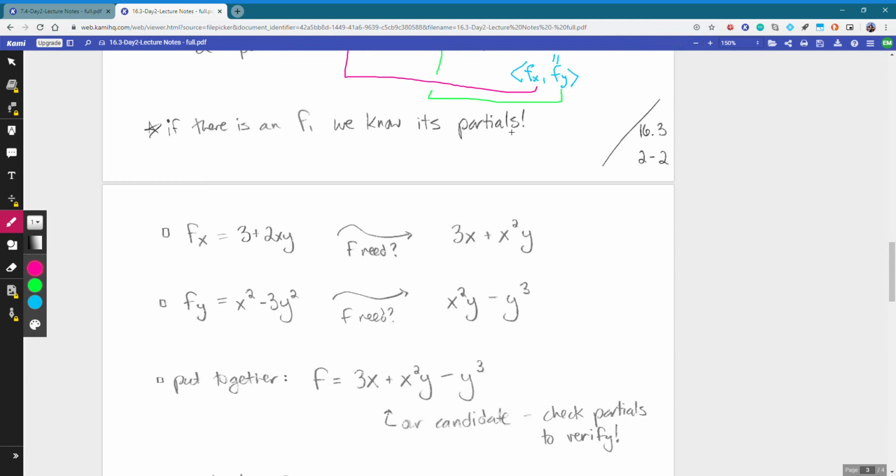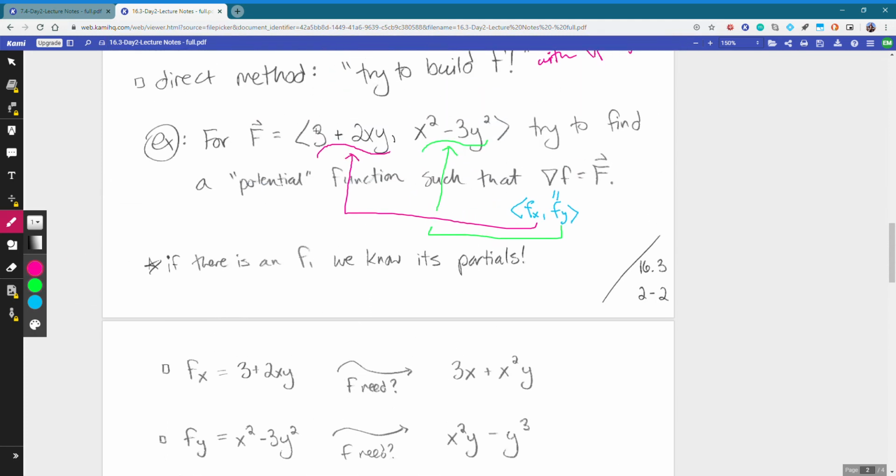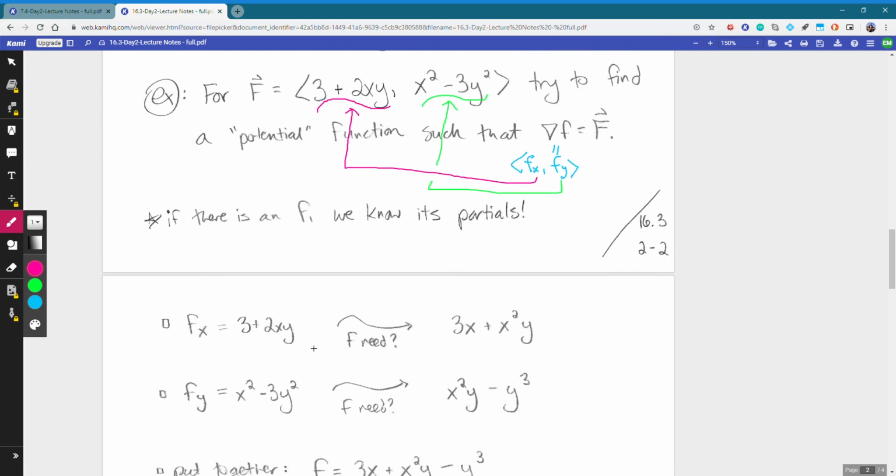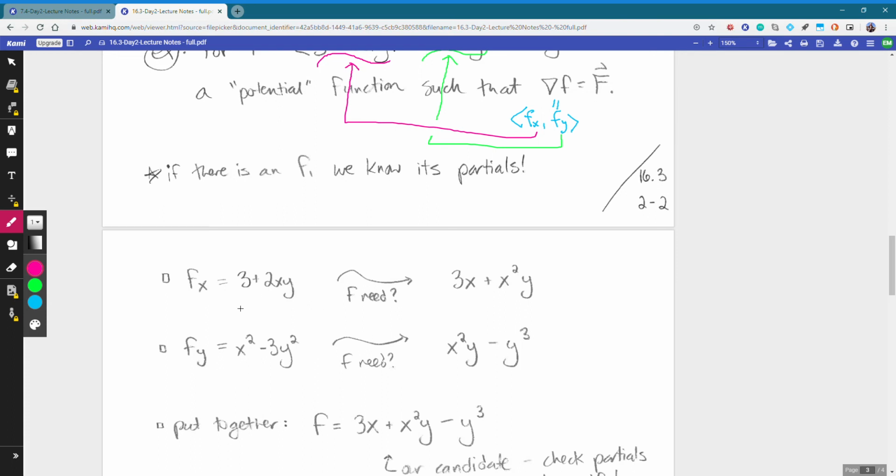All right, so looking at the x component, back up, we know that 3 plus 2xy would have to equal fx. And so if that is the partial with respect to x of our function f, well then, backing up, in other words, integrating with respect to x, well, our function little f would need, thinking about this 3, it would need to have a 3x term. And looking at the 2xy, anti-differentiating that, we would need a x squared y term.